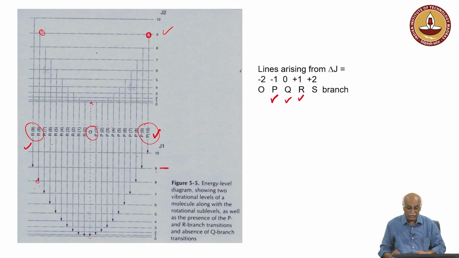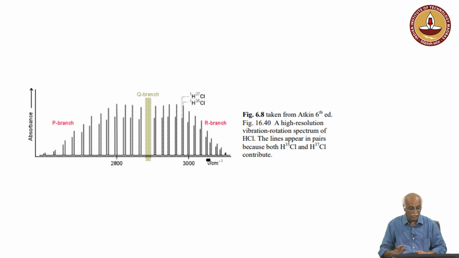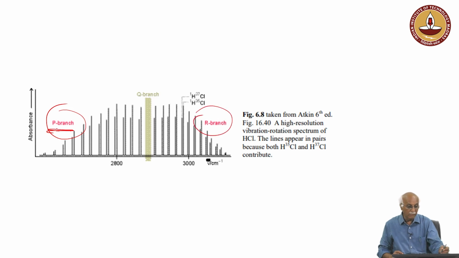So, these three main bands, depending upon the molecular structures, will result in multiple such absorption bands. Shorter wavelengths are related to the R band, longer wavelengths are related to the P bands, and the Q branch has no such transitions in terms of frequency.